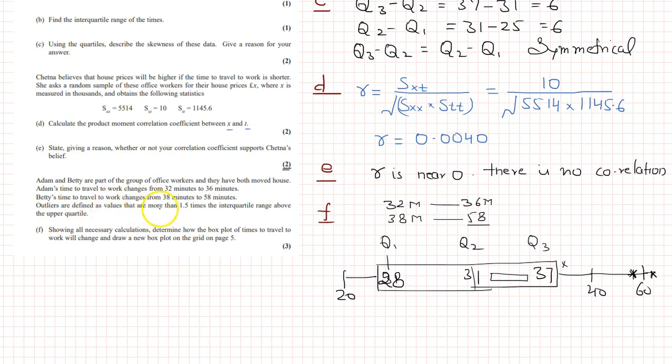Outliers are defined as values that are more than 1.5 times the interquartile range above the upper quartile, plus 37.